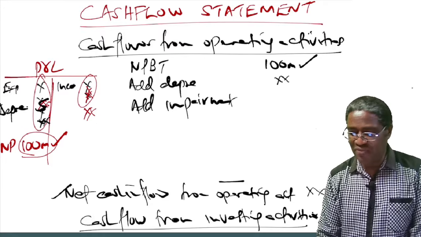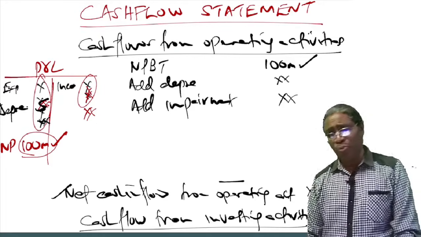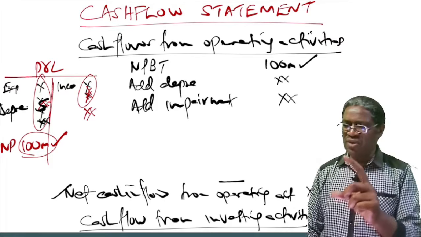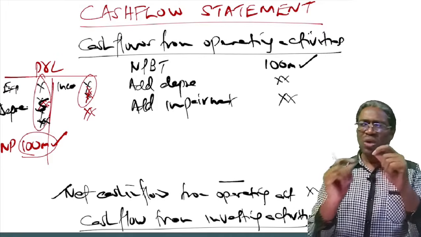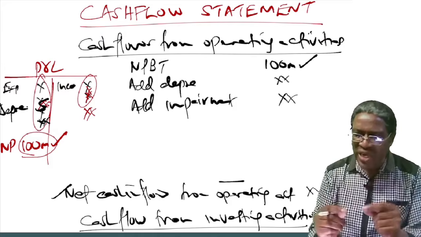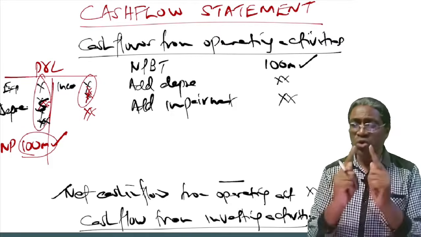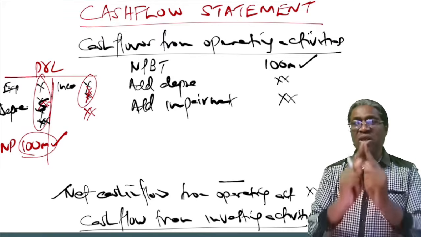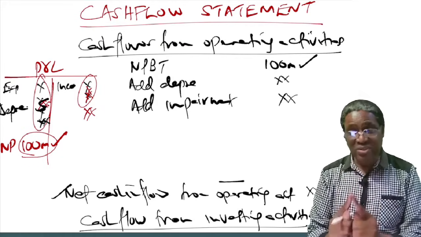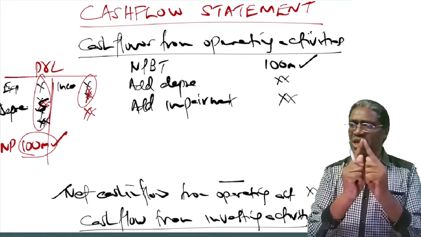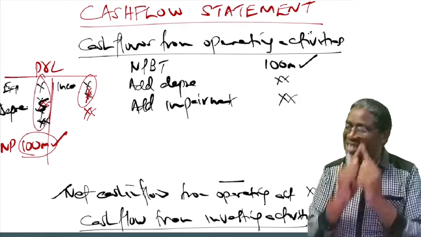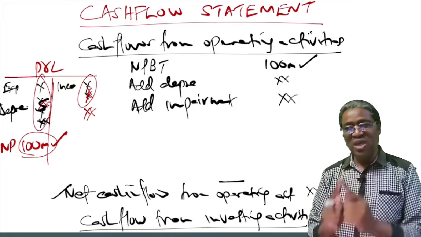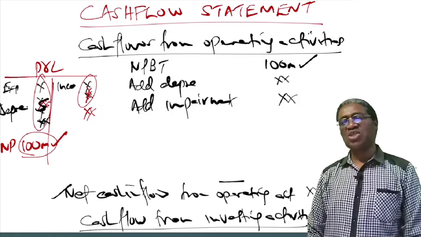Good. Now, it is obvious, I hope you can remember many more others. Listen to this now. I want to give you a question. What are the other non-cash items that normally go to the P&L account and yet they are not cash items?